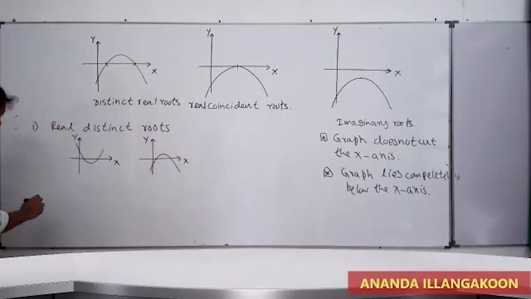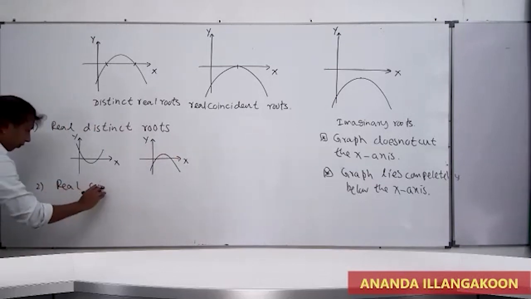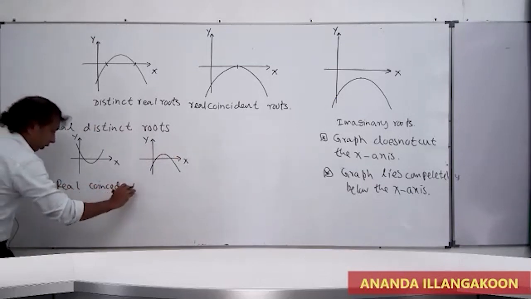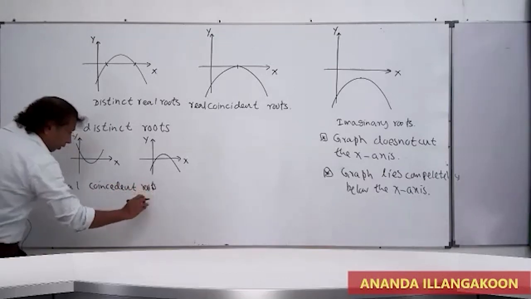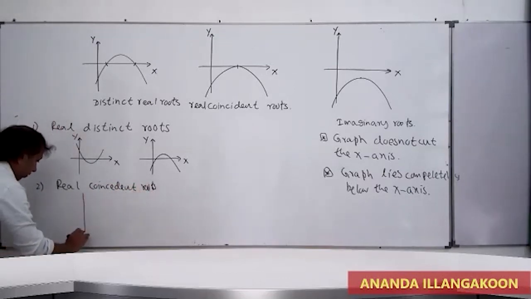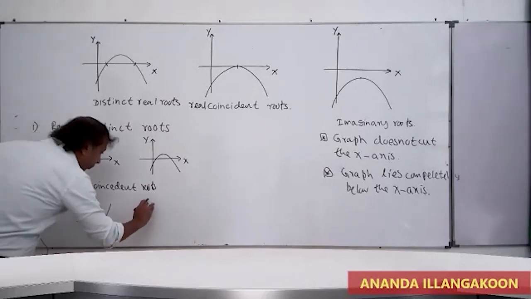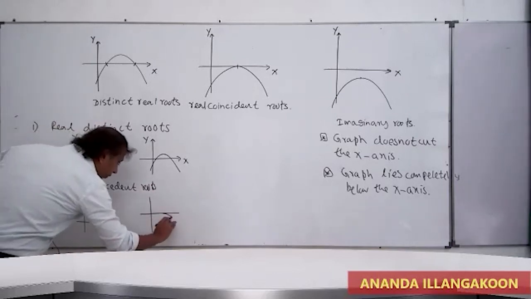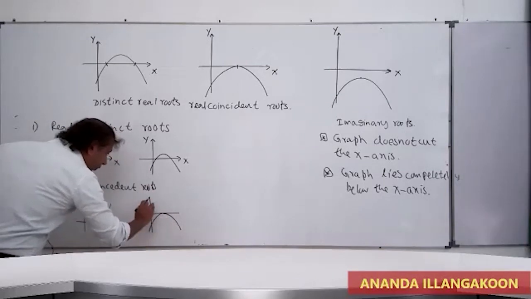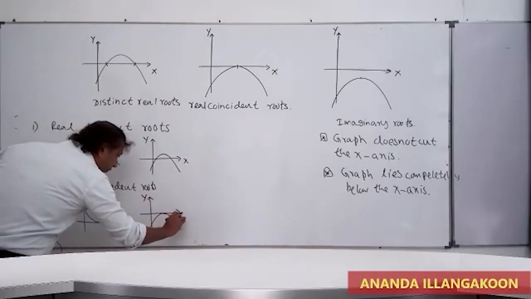Number 2, real coincident roots. The graph touches the x-axis at its vertex like this. Y and this is x.